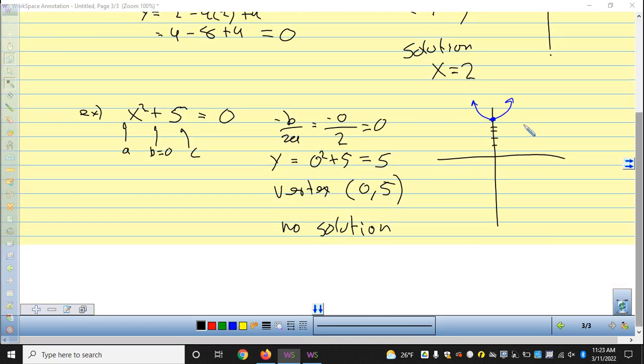So this one can never cross the x-axis, so we get no solution. Once we found our vertex and we knew it opened up, we found no solution. If this one were negative x squared plus 5, then it would open down, and we'd have to graph some more points to find where it crosses the x-axis.